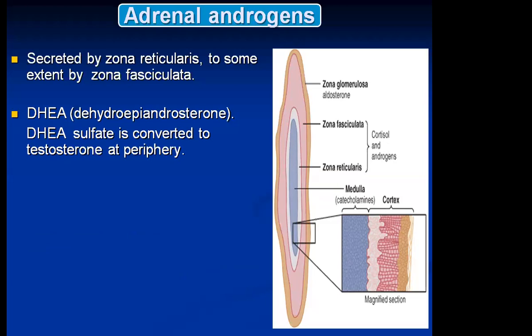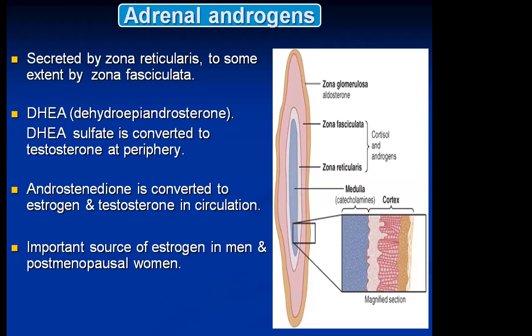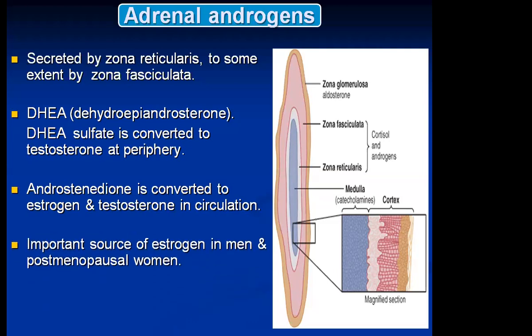Dehydroepiandrosterone sulfate is converted to testosterone at the periphery, while androstenedione, which is one more adrenal androgen, is converted to estrogen and testosterone in circulation. Now, these adrenal androgens are an important source of estrogen in men and in postmenopausal women. And therefore, the secretion of adrenal androgens decreases as age advances.